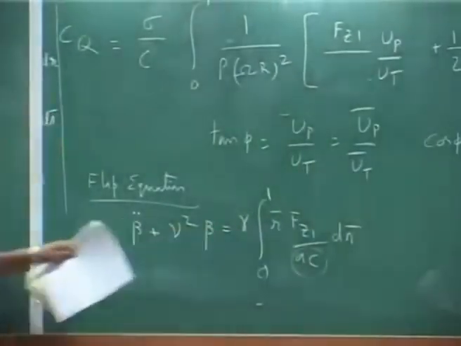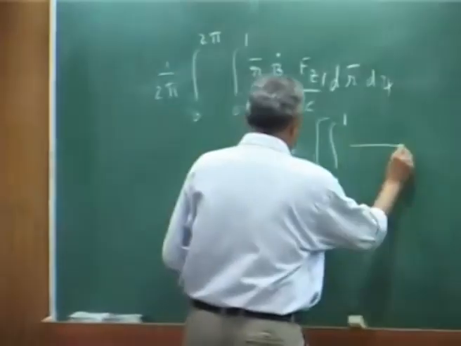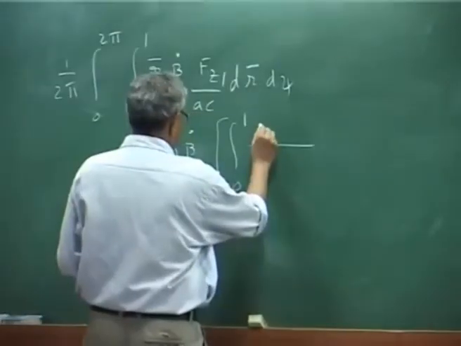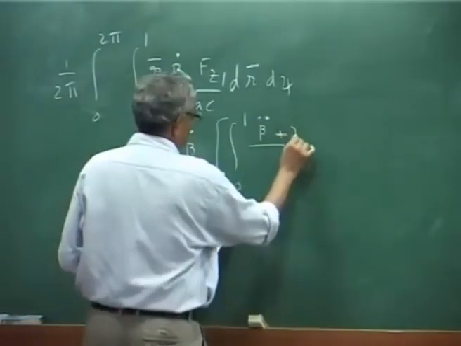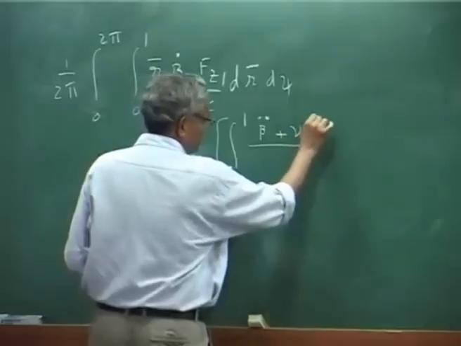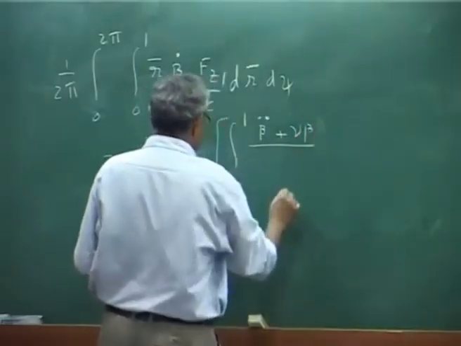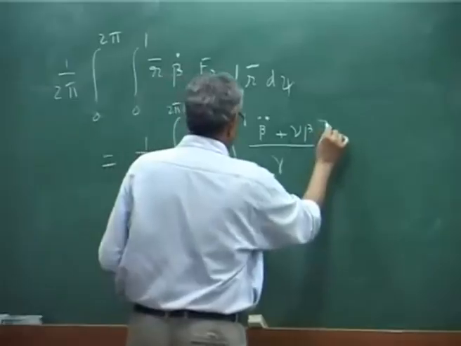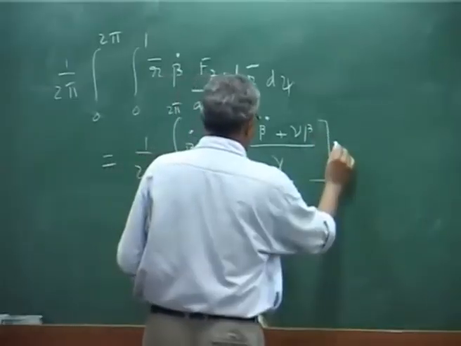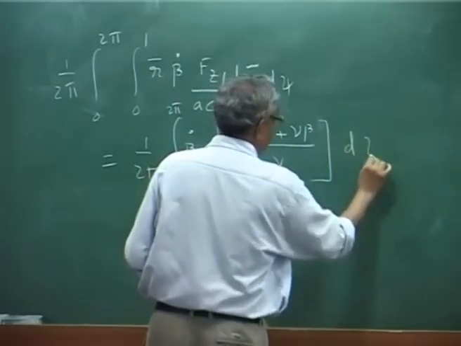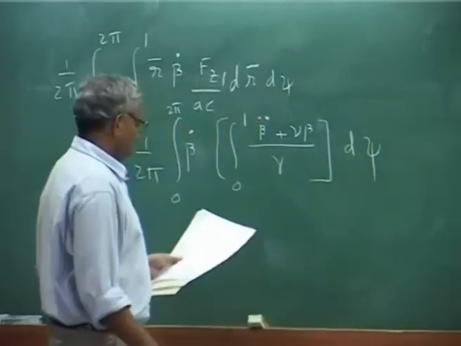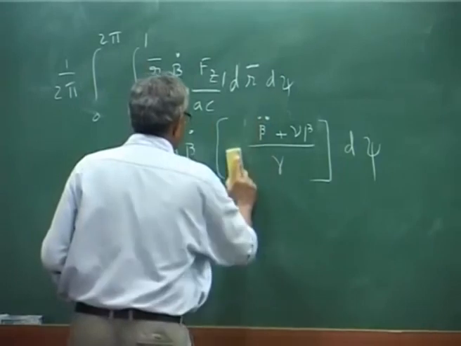I just take a gamma and divide, so I will put beta double dot plus nu square beta over gamma.